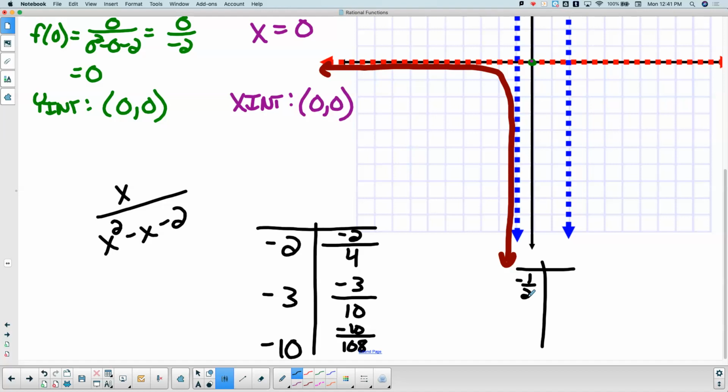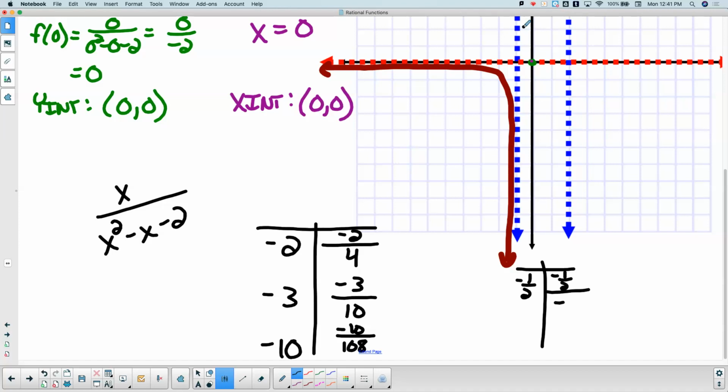Okay? So if I go negative 1/2 there, then that gives me negative 1/2 over 1/4 plus 1/2 is 1/4 minus 2 is a negative number. Okay? So that negative divided by negative is going to be something positive. I don't really care what it is, but it's going to be positive. With me?